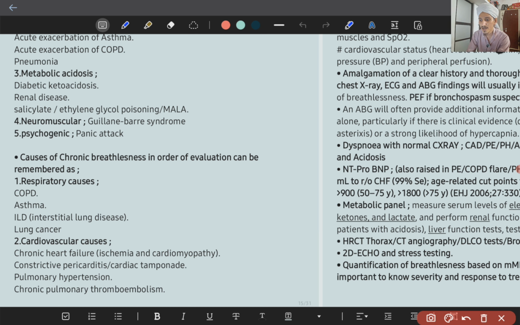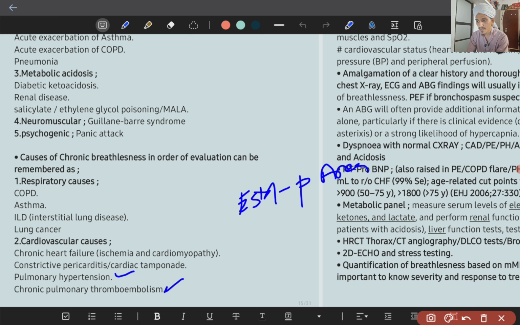Next, pulmonary hypertension. Any cardiac or lung disease like COPD or asthma or chronic pulmonary thromboembolism can cause pulmonary hypertension. In the history, you will have exertional breathlessness. Along with that, on auscultation, you can have an ejection systolic murmur in the pulmonary area.